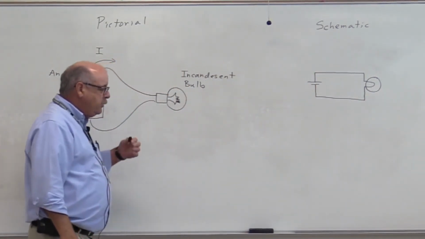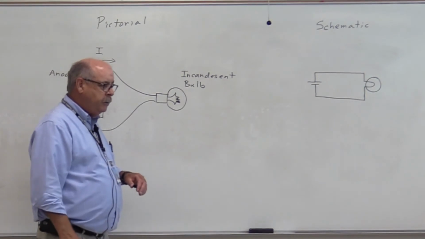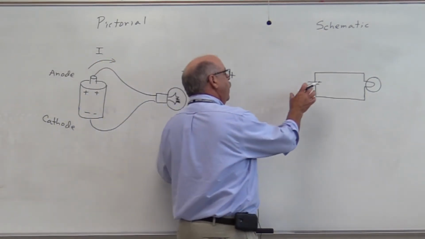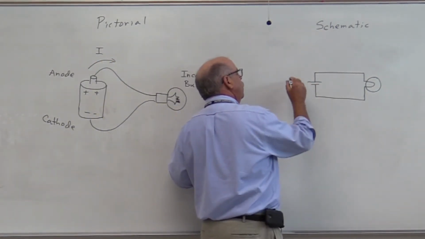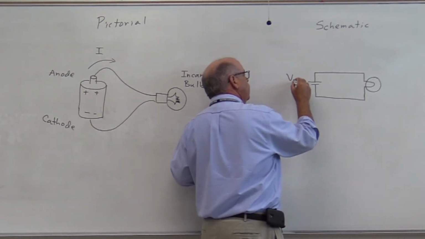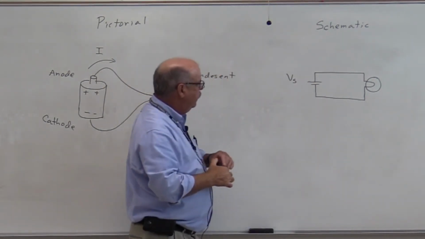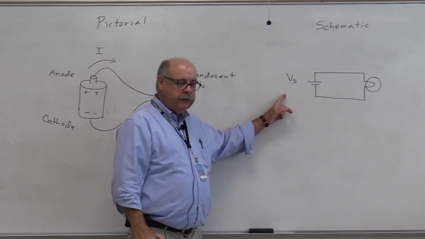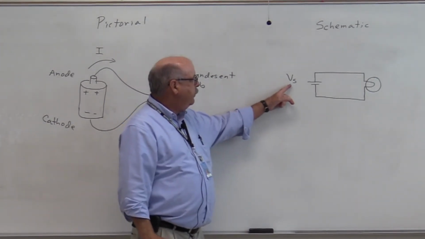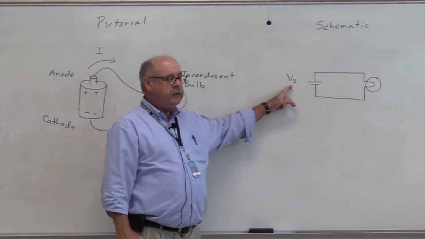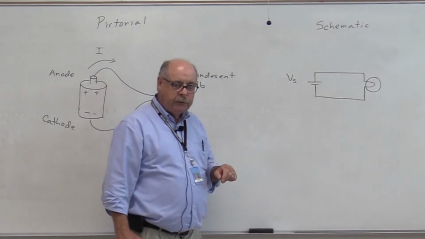Now, in our schematic diagram, as we call them, we're always going to have to denote what this voltage is. We're going to give it a reference name, and we're going to refer to this simply as VS, standing for source voltage.